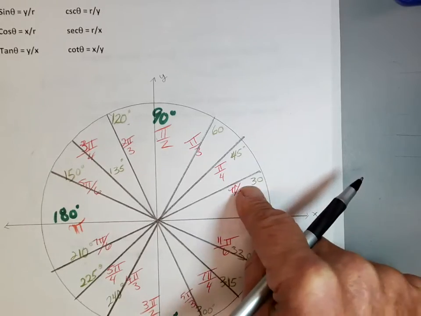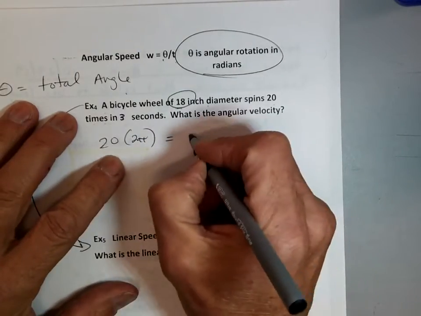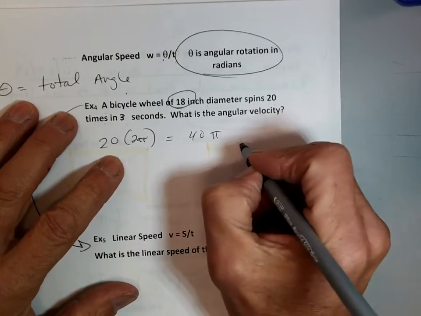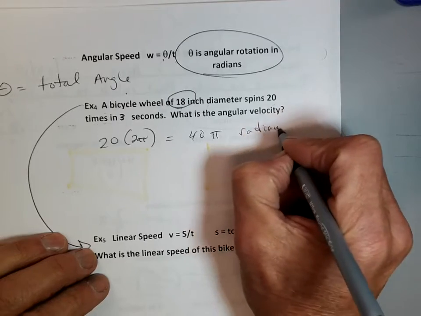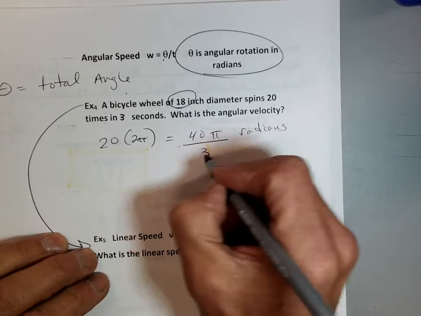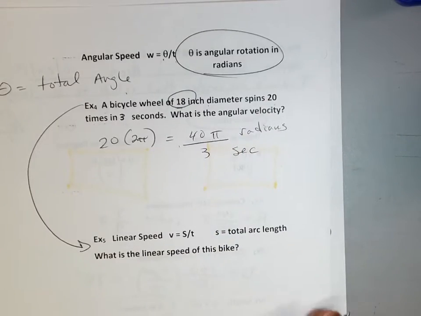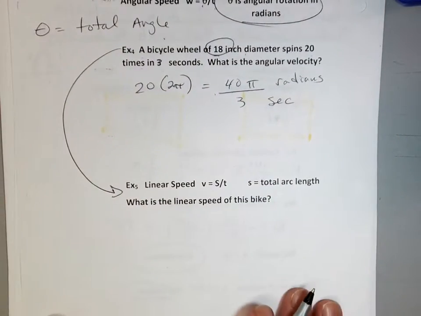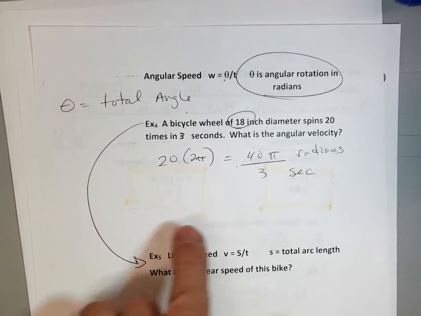I mean, we're cruising along, right? So we're going to go 40 pi radians in 3 seconds. So that's how fast my tire's spinning, okay? If I want to, I could divide that.